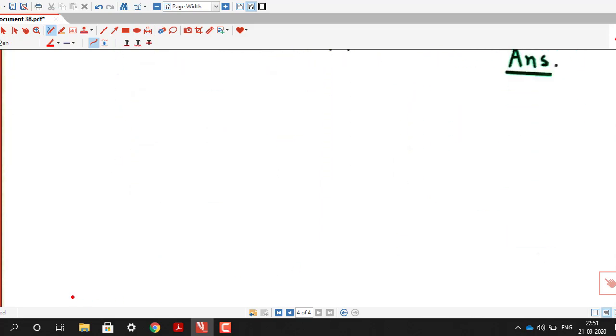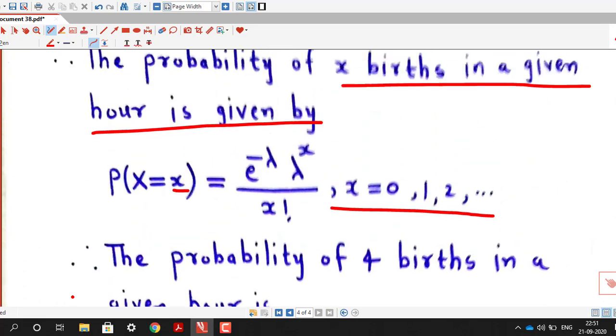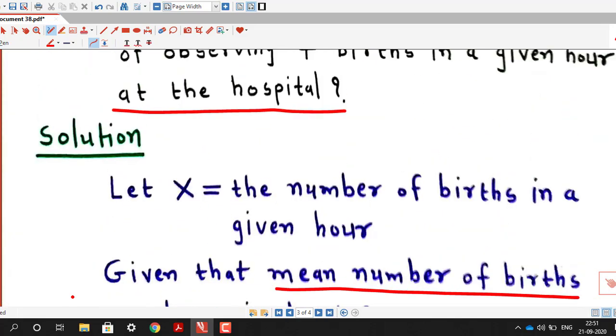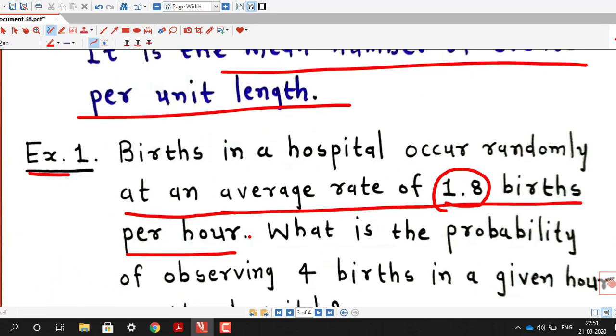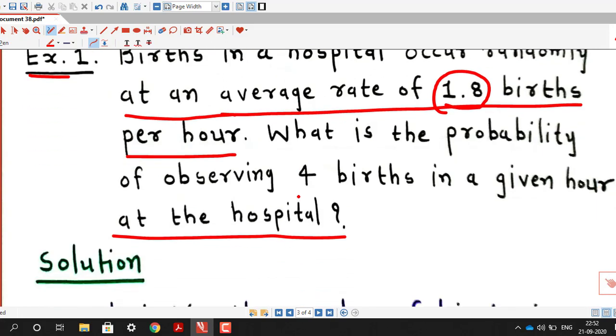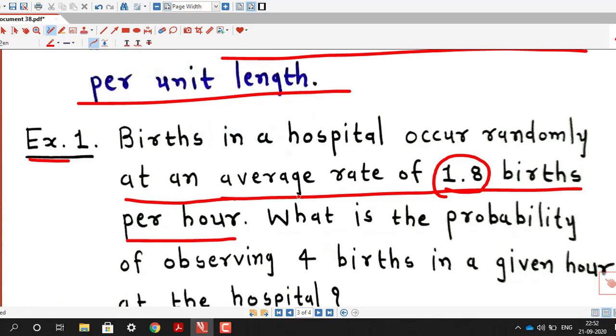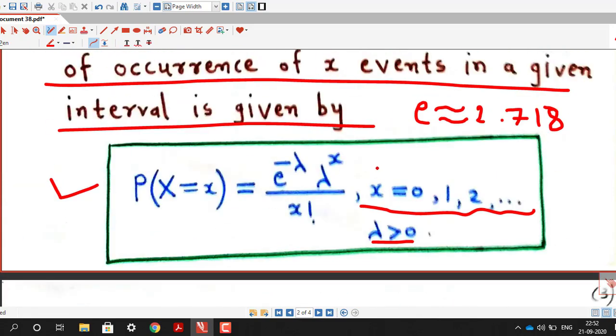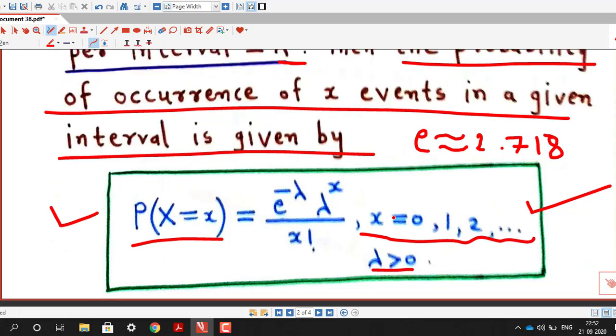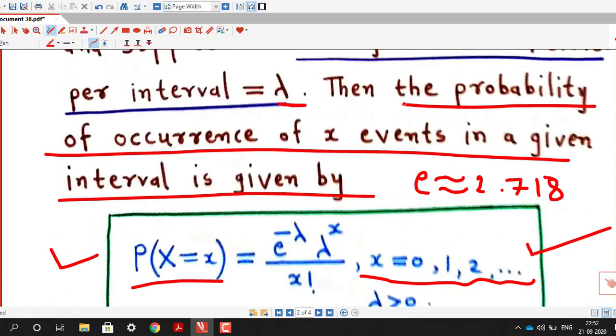So in this way, if we can decide whether the given problem is related to the Poisson distribution, then we can find the probability using the formula for the probability mass function of a Poisson random variable, given by e raised to minus lambda, lambda raised to x, upon x factorial. So remember this formula for the probability mass function.